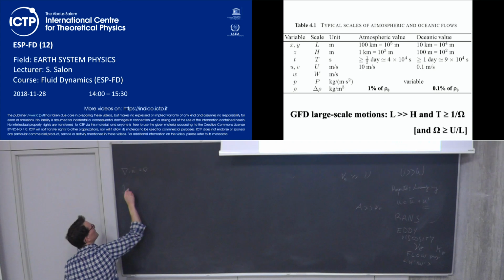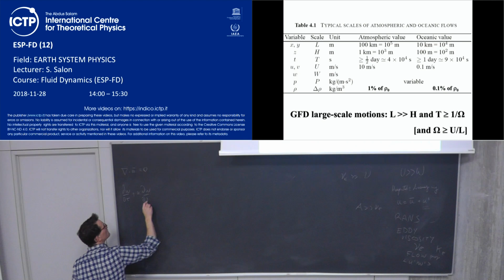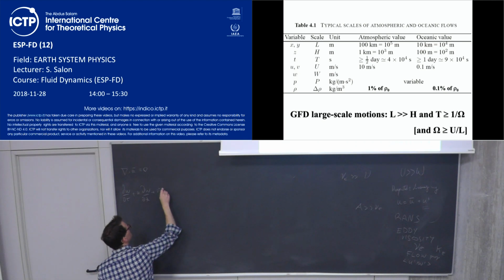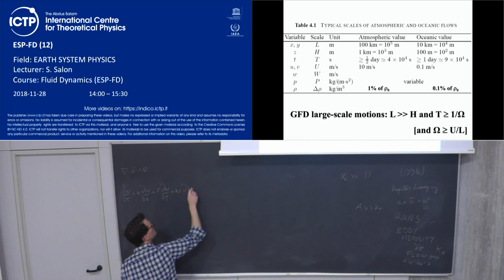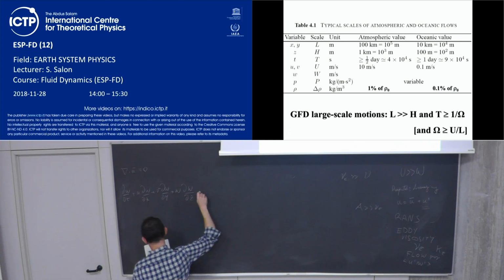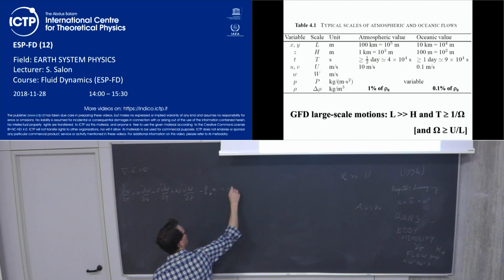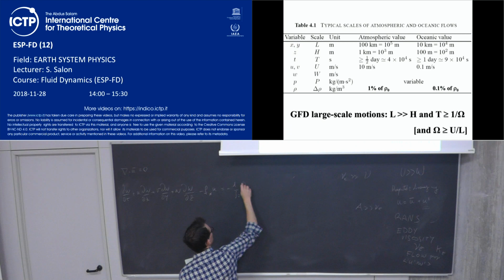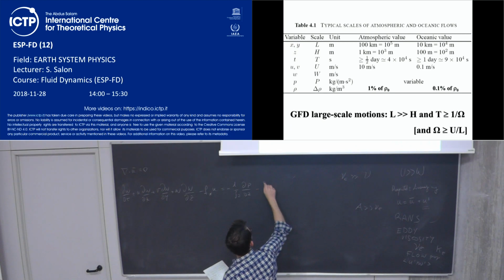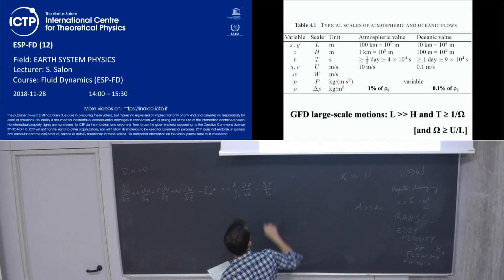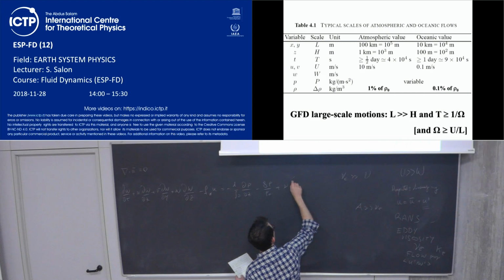So we have dw/dt plus u dw/dx plus v dw/dy plus w dw/dz plus minus f star u equal to minus 1 over rho 0 dp/dz minus g rho over rho 0 plus nu.